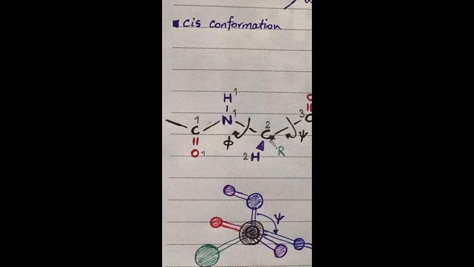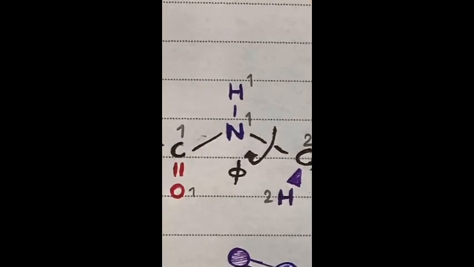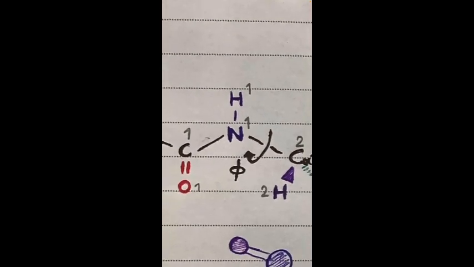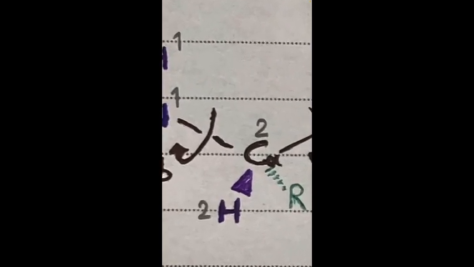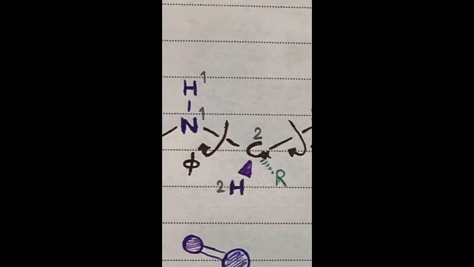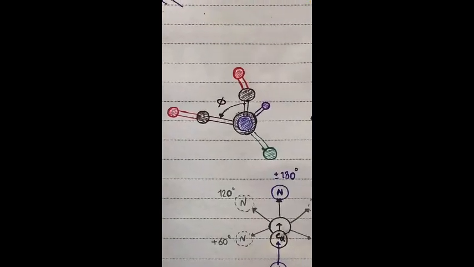Here we need your imagination so that you can understand these angles. Imagine you are this nitrogen number 1 and you're looking at this alpha carbon, or carbon number 2. This would be the view.